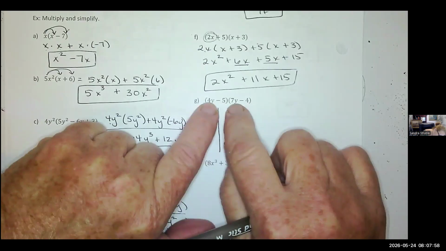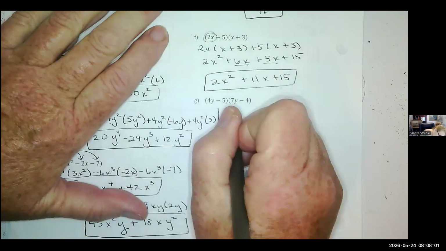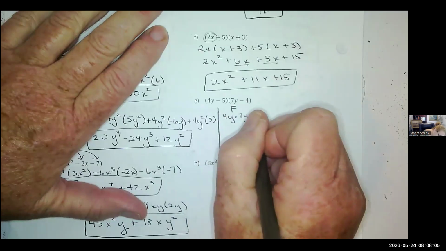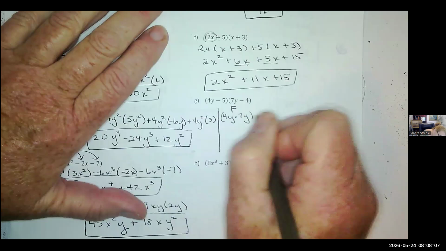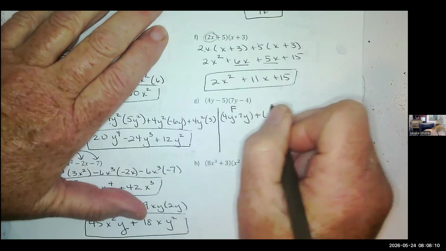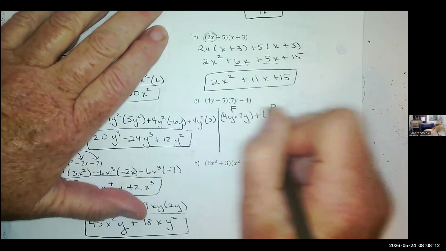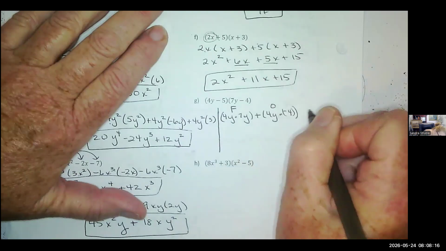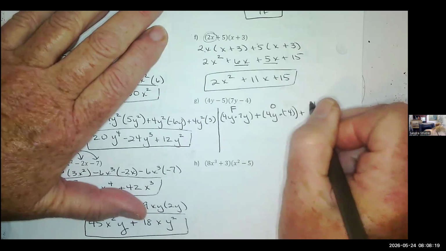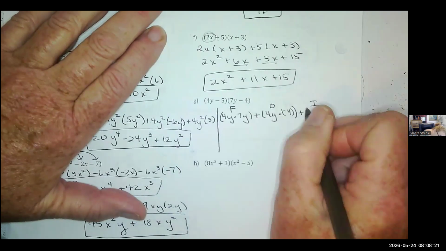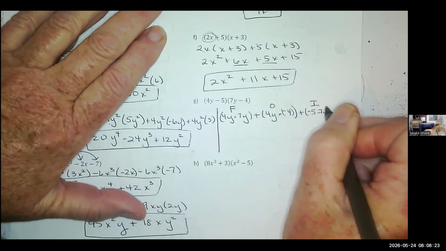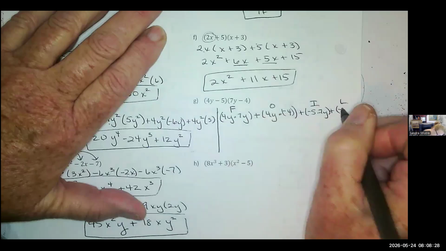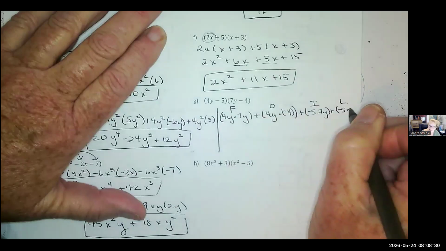So FOIL F, 4y times 7y, plus the outer is 4y times negative 4, plus the inner is negative 5 times 7y, and then the last, plus negative 5 times negative 4. All right, that's how that works.